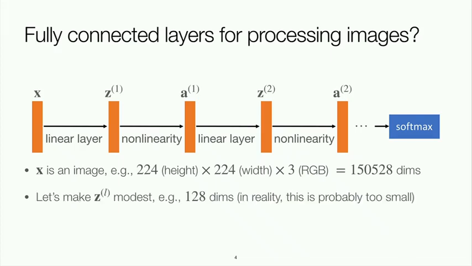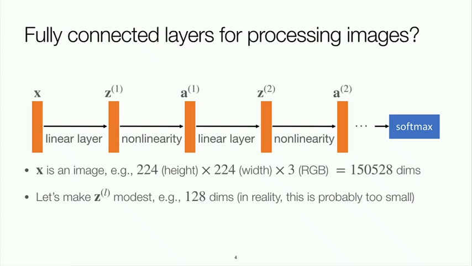So let's say that we make our hidden dimensionality, which I'll call ZL, the dimensionality of ZL, relatively small, like something like 128 dimensions, okay? This is probably in reality a little bit too small. I can't just go from 150,000 dimensions down to 128, but just even if we did that, how many parameters would I need in this first layer?